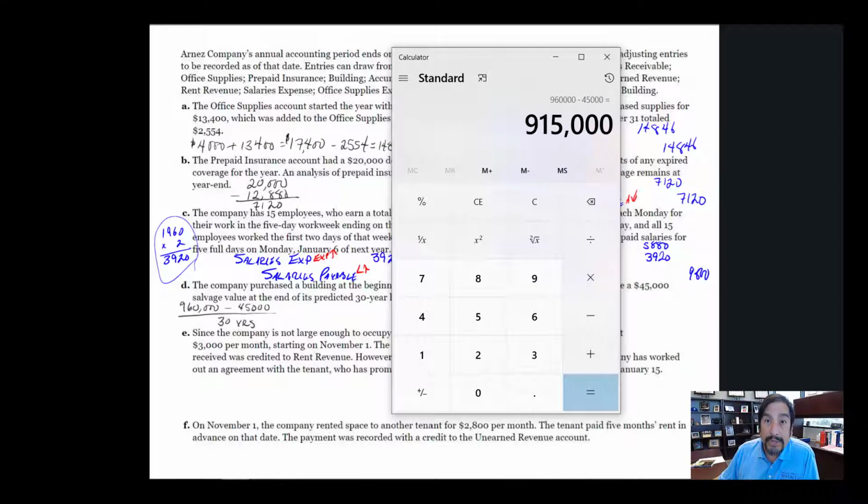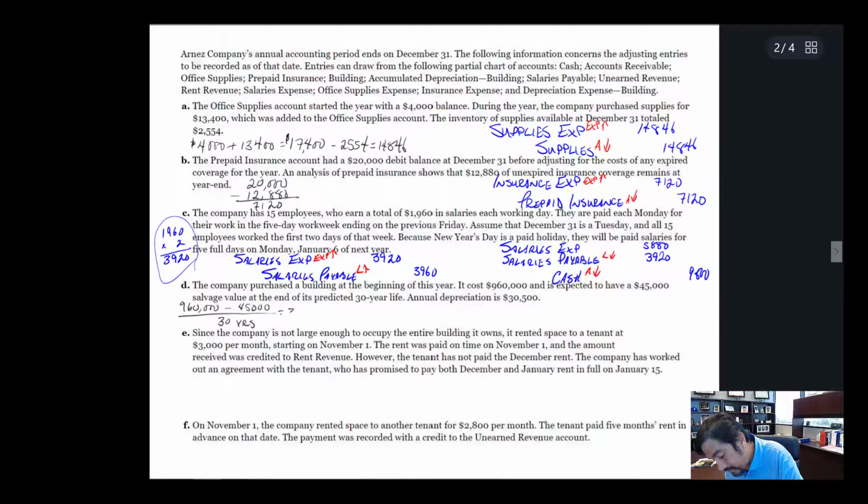That's what we're depreciating, spread out over 30 years. So $30,500 every year.